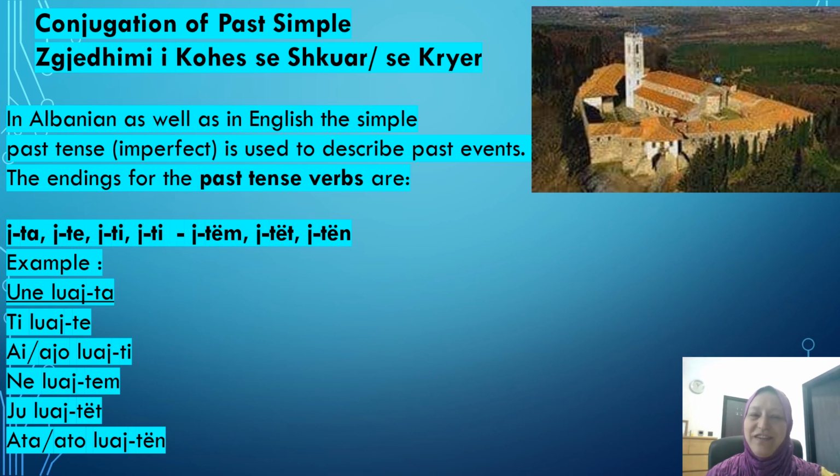Ai, he, ajo, she, luaiti. Ne, we, luaitam. You, just like in English, luaitat. Ata, ato, luaitan. So the conjugation is luaita, luaite, luaiti, luaitam, luaitat, luaitan.